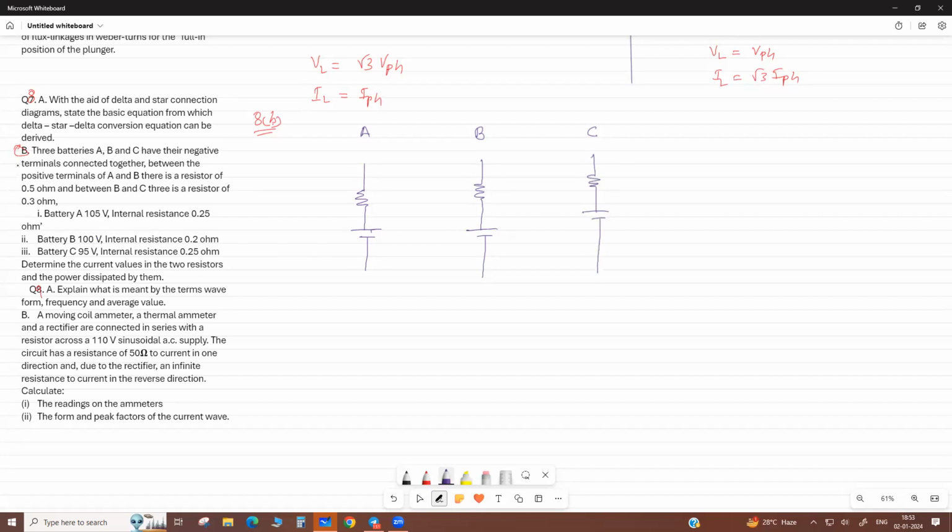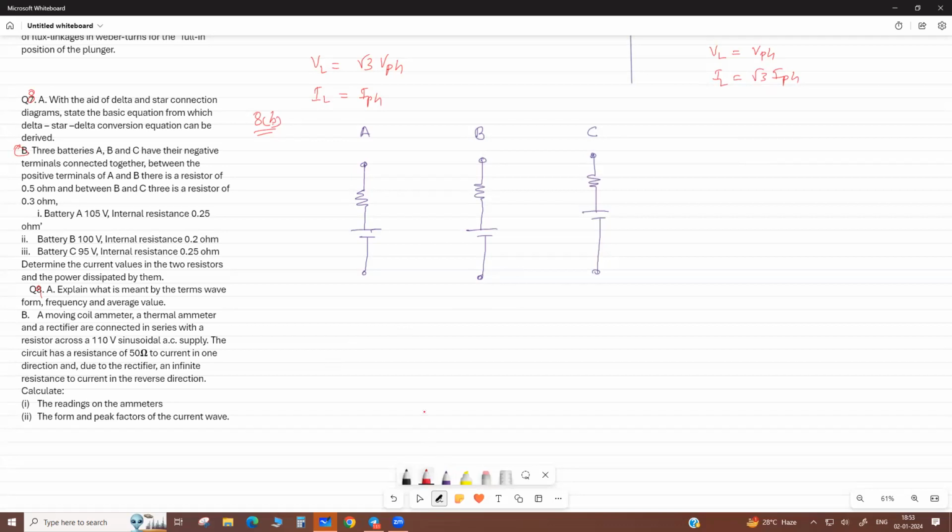Here in this question the circuit diagram is very important. So these are the three batteries. Sometimes we draw a battery like this, with the resistance in series. This is the equivalent circuit of a battery.